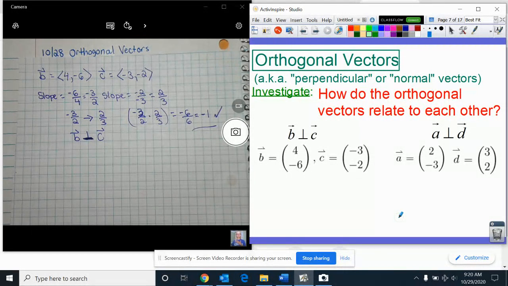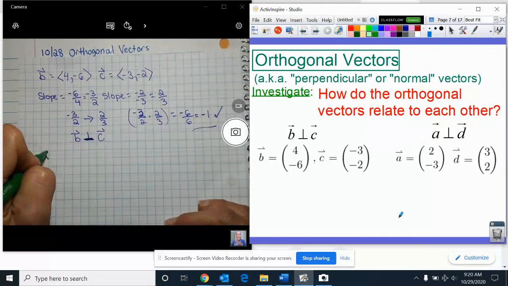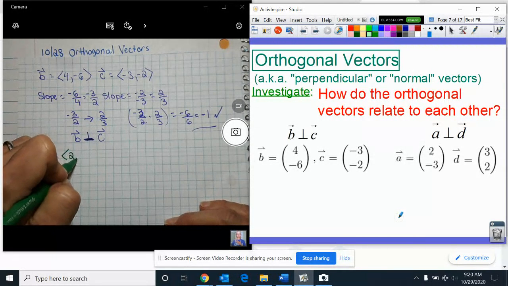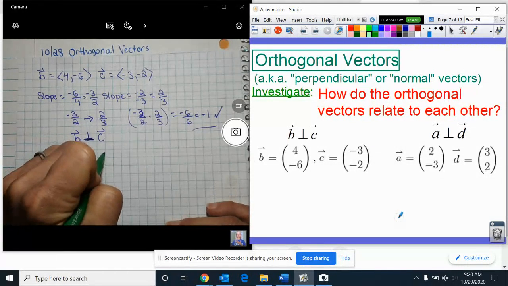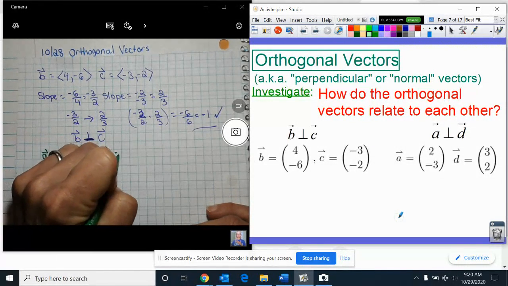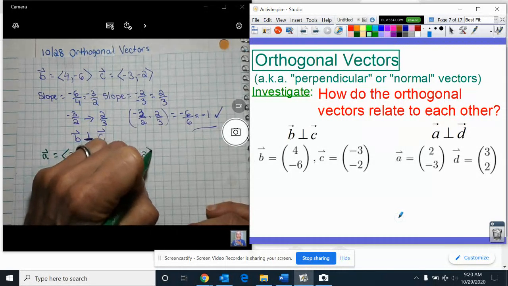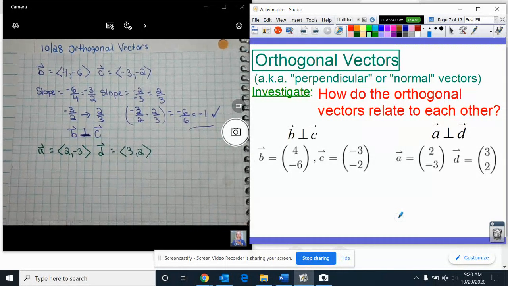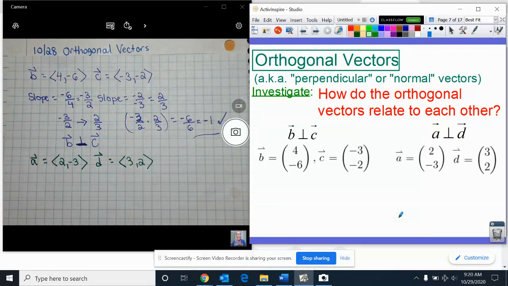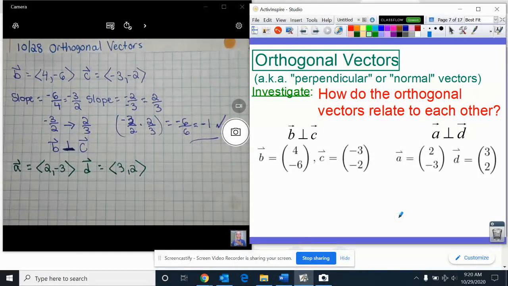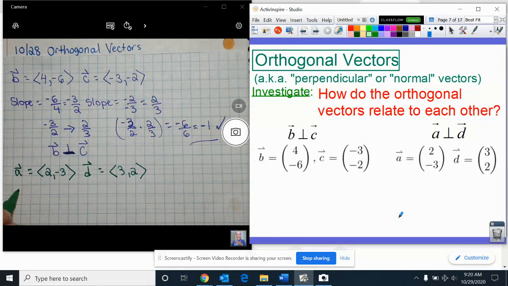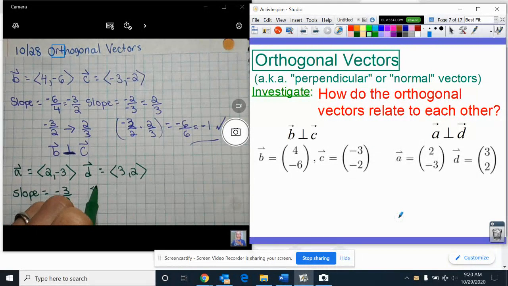Now let's take a look at A and D. So vector A, which is 2, -3, and vector D is 3, 2. And again, if we look at their slopes, the slope of A would be -3/2, and the slope of D would be 2/3.